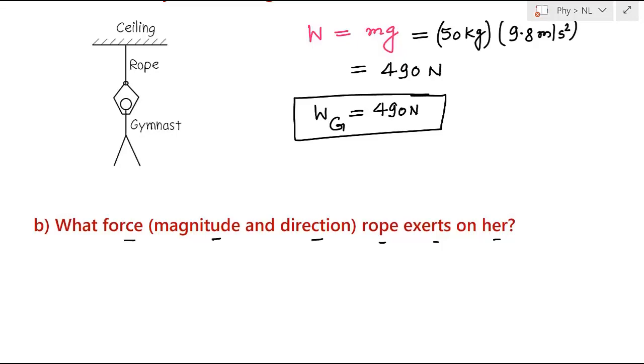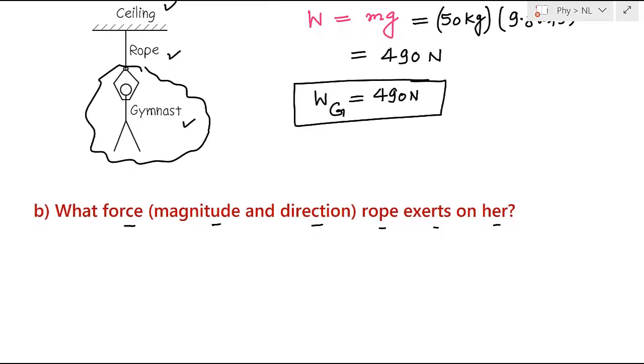If you have a system, you try to draw the free body diagram for each component. For example, in this case, the components of my system are gymnast, rope and ceiling. So we can draw a free body diagram for the gymnast, and similarly for the ceiling and rope. Let us first draw the free body diagram for the gymnast.